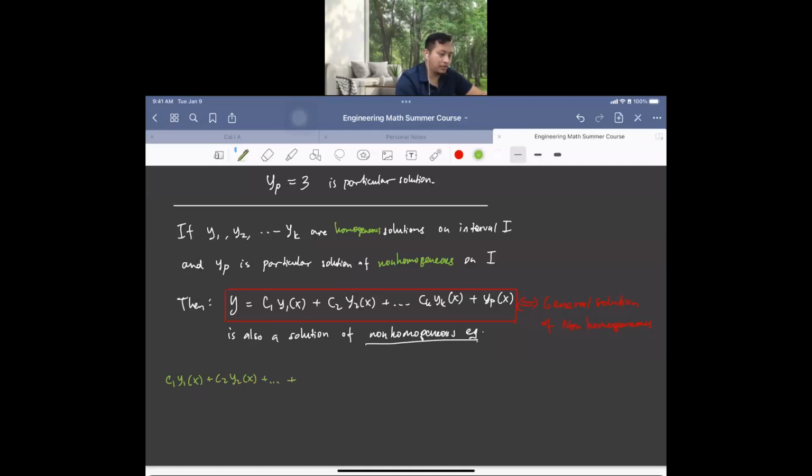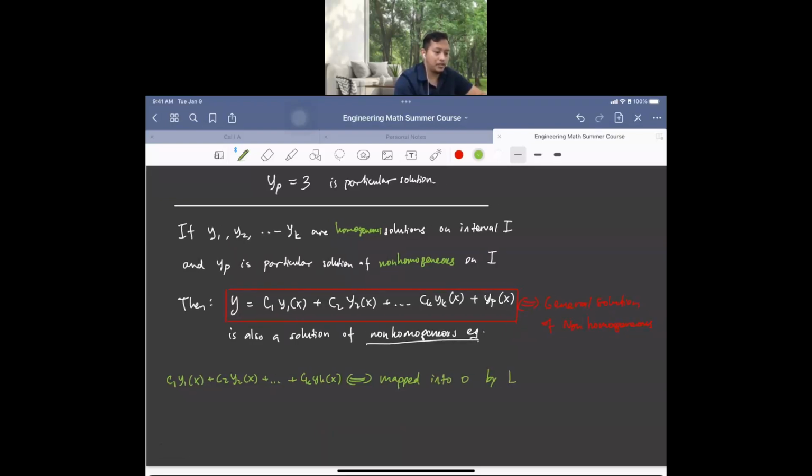So if we have C1 y1(x) plus C2 y2(x), and so on until Ck yk(x), if we map this into 0 by the operator L, this is what we did previously when we proved that this will be the solution for homogeneous, because it will result in 0.